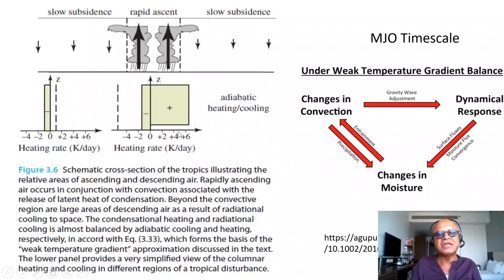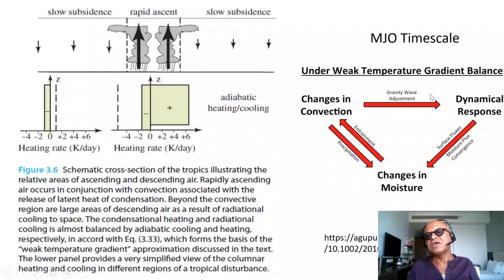But you can see that it can give you heating rates of over 5 Kelvin per day, which is massive, whereas the heating rates here are basically cooling of the order of 1 Kelvin per day, and it's over a broad region, and there is a balance between adiabatic compression and radiative cooling, as we said.